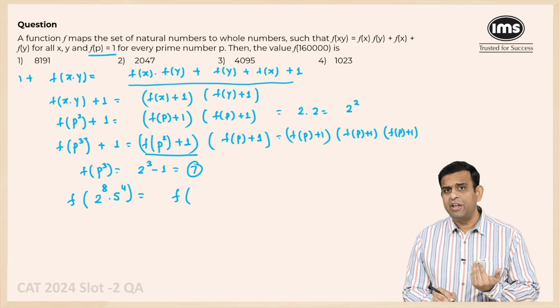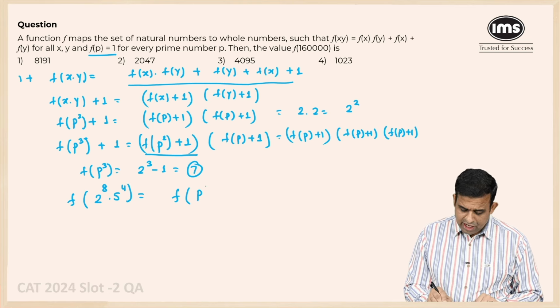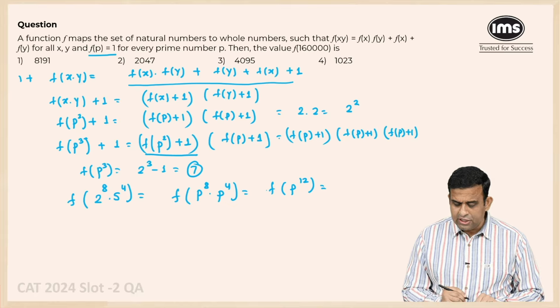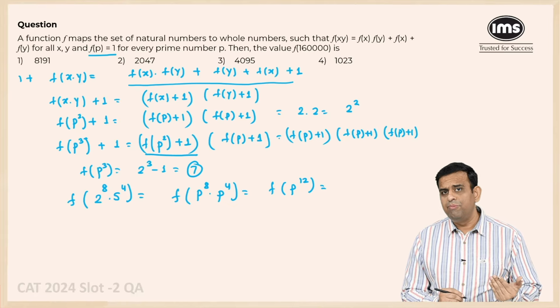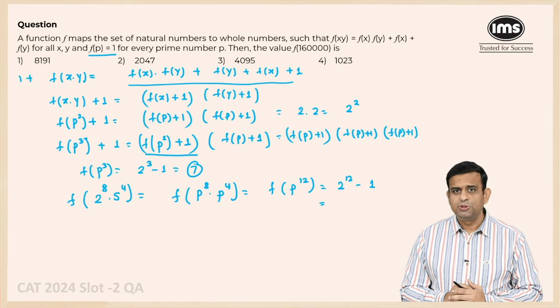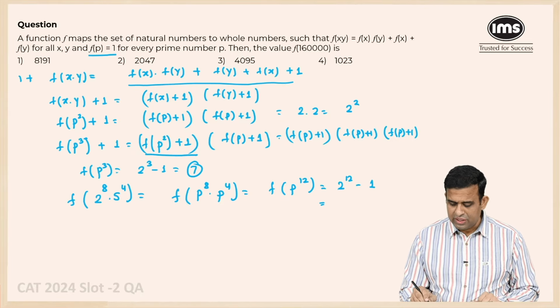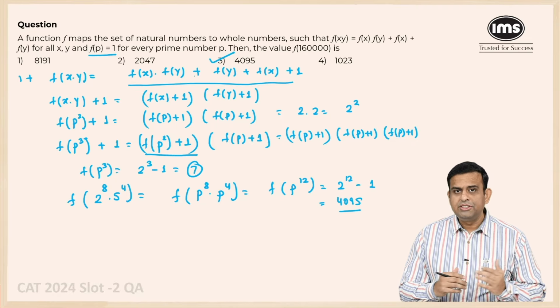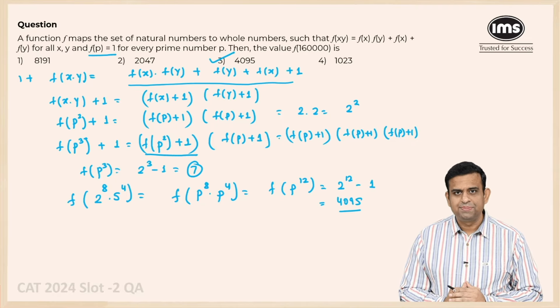The numbers 2 and 5 are both prime numbers, so we have something like p power 8 into p power 4. This is f of p power 12, and that is why the value of f of p raised to 12 will be equal to 2 raised to 12 minus 1. 2 power 12 corresponds to 4096, minus 1, giving you 4095. Hence option number 3 is the answer for this particular question.